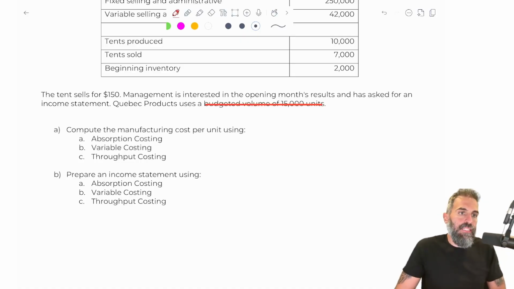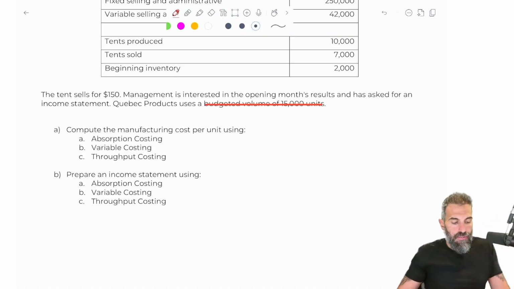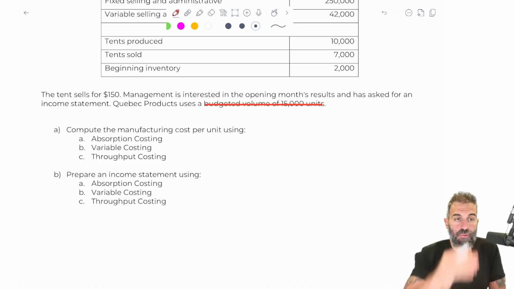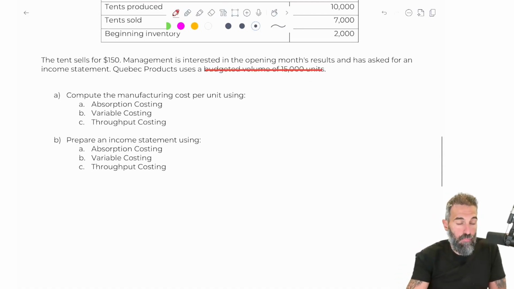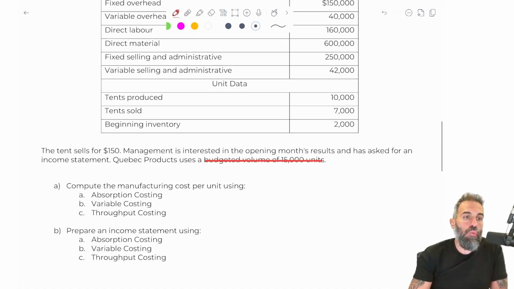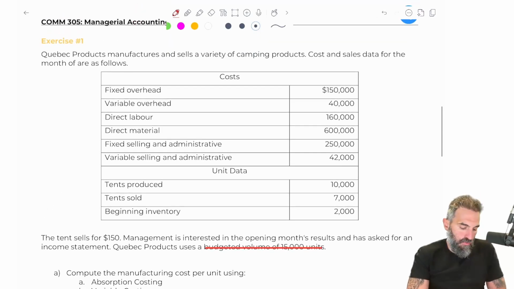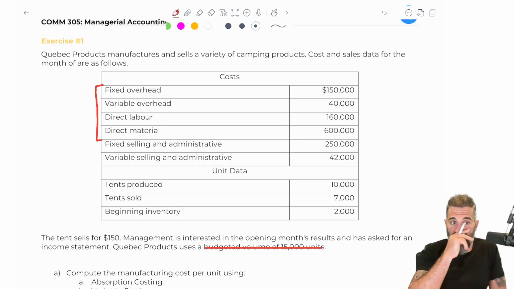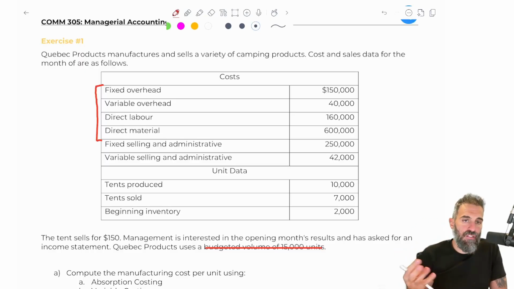So the first thing we'll go over is how you calculate your unit cost under each of the methods. This is a very important first step. For all of your manufacturing costs, so that means fixed and variable overhead, DM and DL, these four, you always want to have them on a per unit basis. Sometimes they'll be given to you on a per unit basis, which is beautiful.